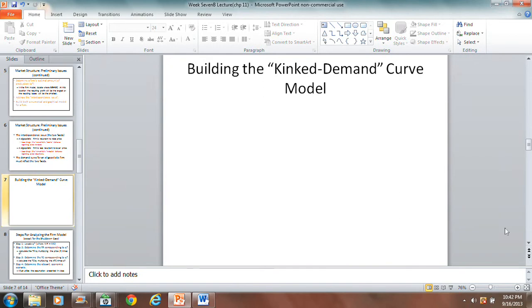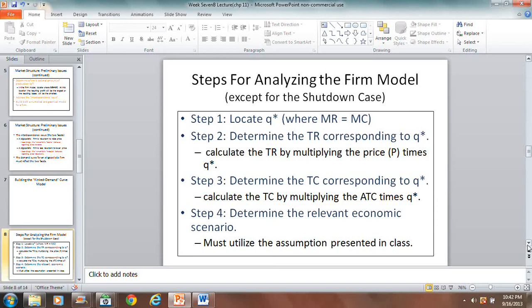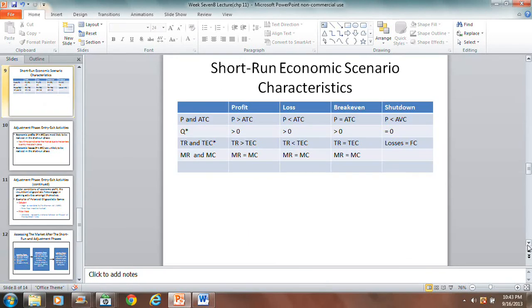Now, that was the kinked demand curve model, and from that, we want to look at some scenarios. The case I depicted graphically was the profit case. That's the most likely case. If you notice, price was greater than average total cost, Q star was positive, and with our assumption, the firm would make economic profit because total revenues would be greater than total economic cost.